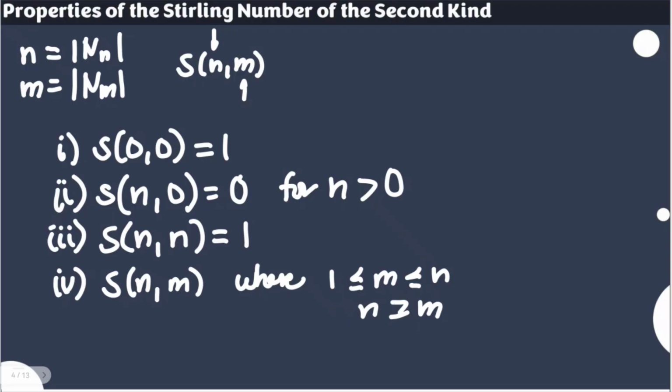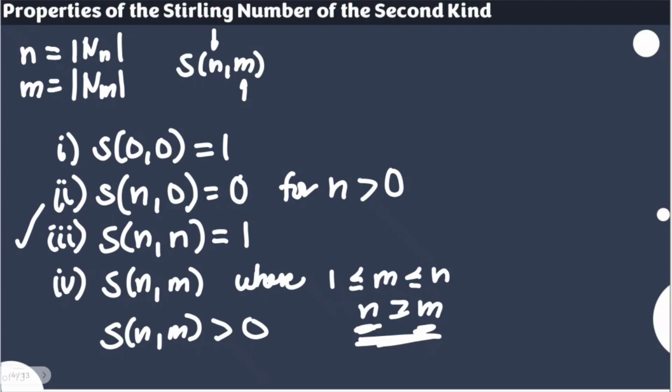Now what if the number of objects is more than the number of boxes? For this situation, our Stirling number will be greater than 0. There is a possibility that it will be 1 if they are equal to one another, matching the third property, or they could be more than 1, thinking that, say for example, you have 5 objects and 4 boxes.